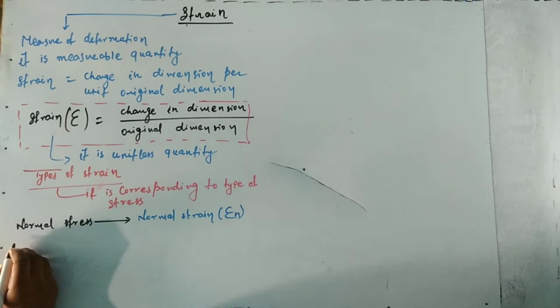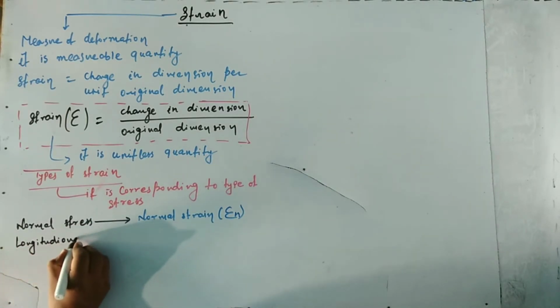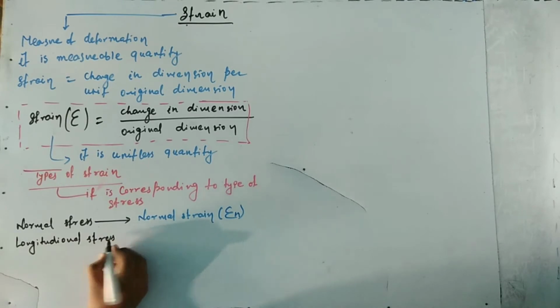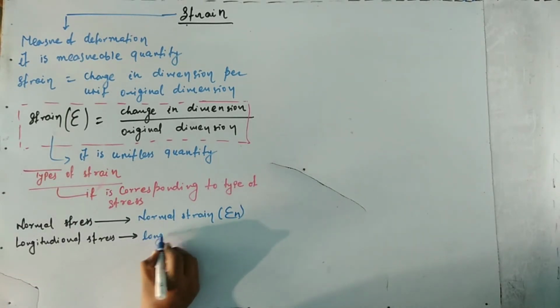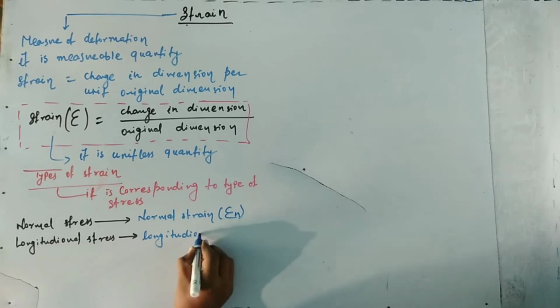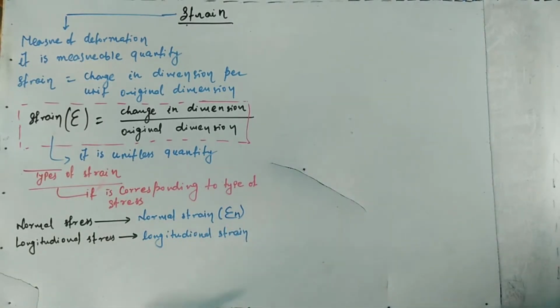The next type of strain is according to longitudinal stress, that is longitudinal strain, and it is denoted by epsilon.